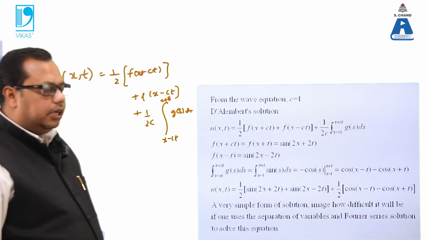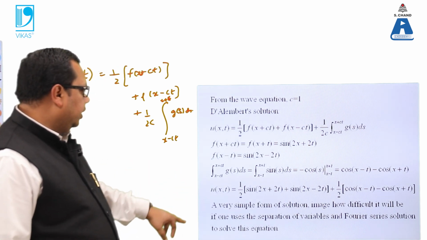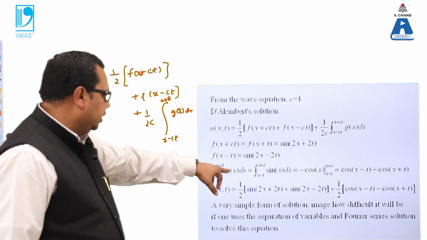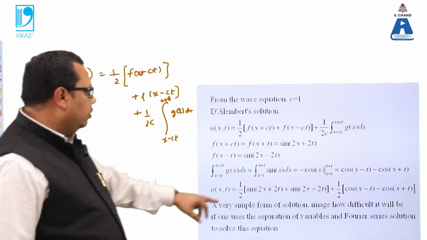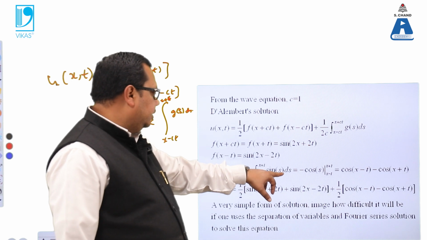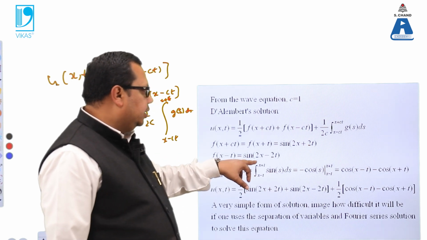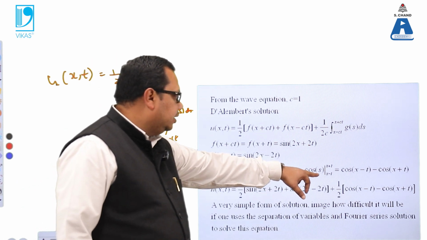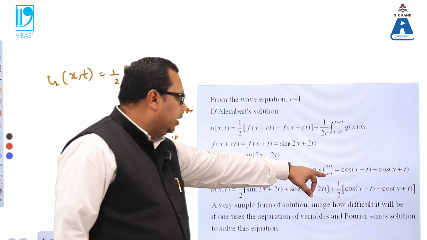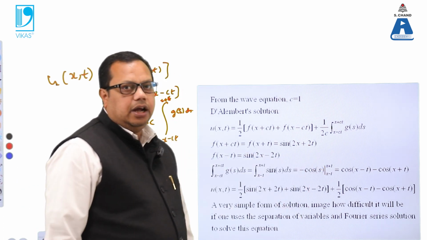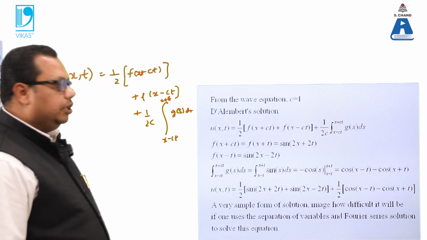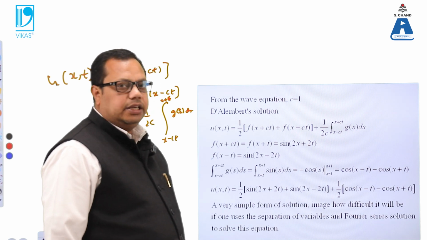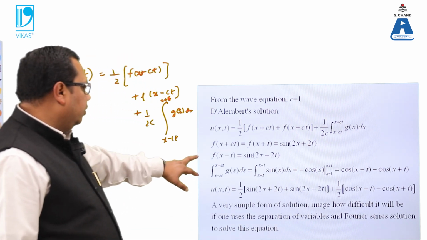Now for the integral, when we integrate g(s) from x minus ct to x plus ct, we put in sin s ds, with c equal to 1. When we integrate sin s we get minus cos s, with lower limit x minus t and upper limit x plus t. So we get cos(x minus t) minus cos(x plus t).